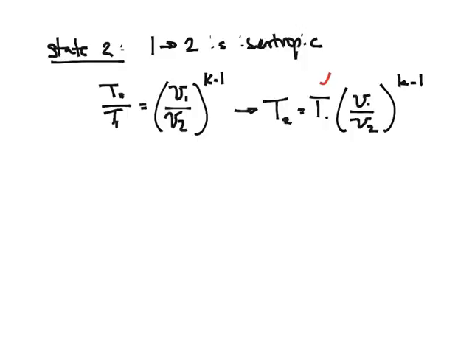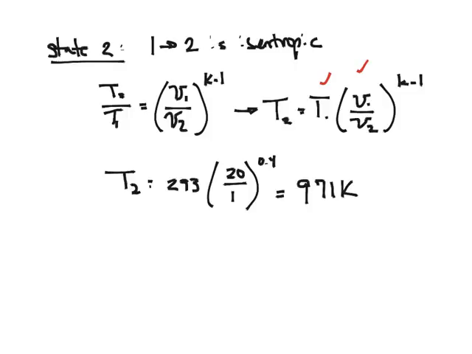We're given, let's see, 293 Kelvin. We know our V1 over V2 because we just analyzed that. That is our compression ratio, so we know that. So let's go ahead and plug in and find T2 is 293 Kelvin times our compression ratio, 20 over 1, raised to the k minus 1, which is going to be 0.4. And we find that T2 is 971 Kelvin.